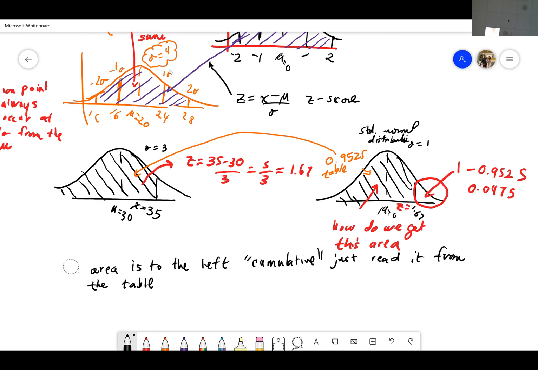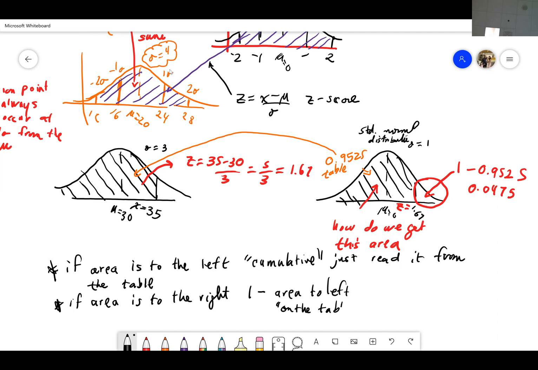Now, if the area is to the right, then we take 1 minus the area to the left, which is on the table. Remember, the total area under the curve, in fact under any normal distribution, they call it a density curve, all density curves have an area of 1.